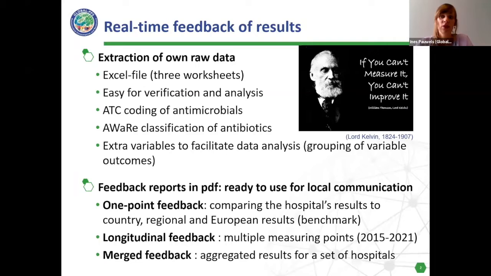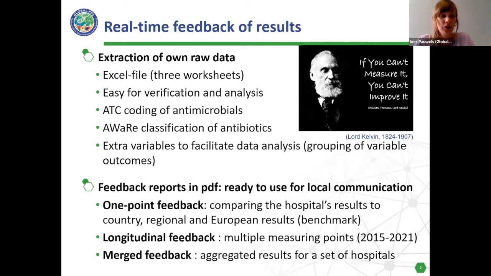This report is actually developed to support local communication of your point prevalence survey results. So you can use it if you would like to present your PPS results, for example, to the hospital stewardship committee.